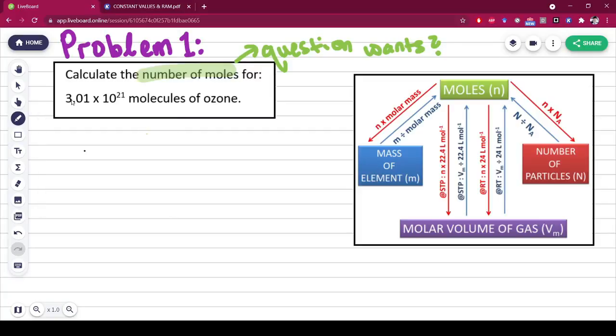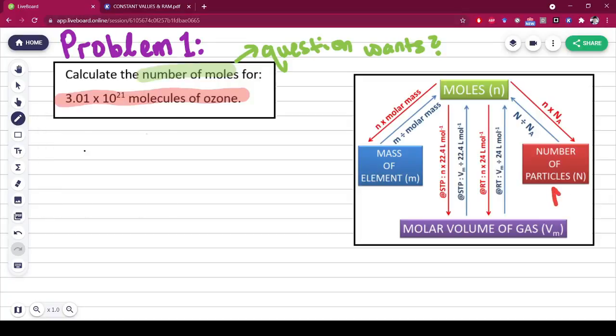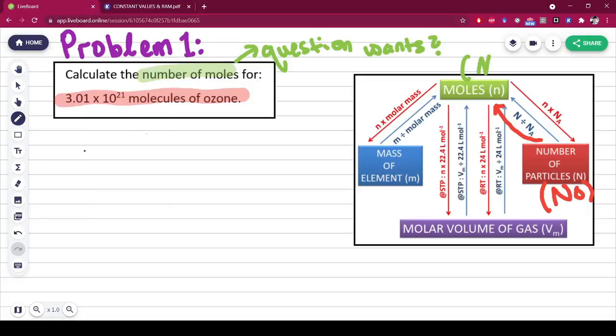So we will begin from the number of molecules of ozone. So our starting point is from N, and we want to move to here to find our mole.